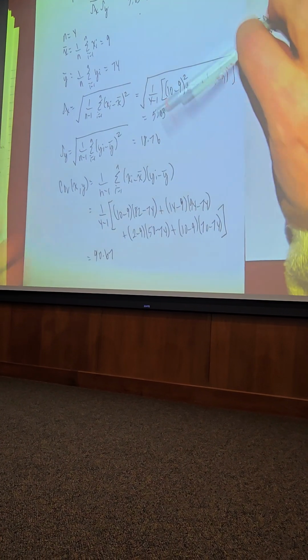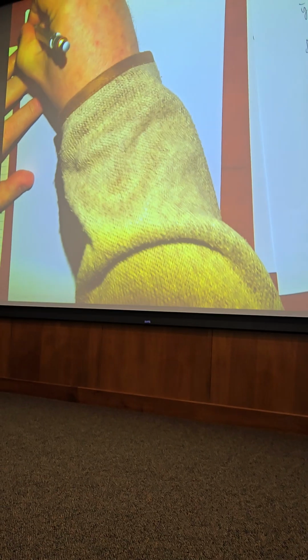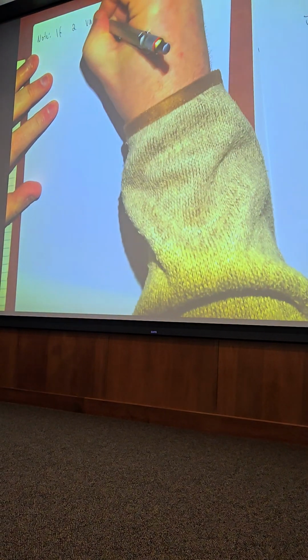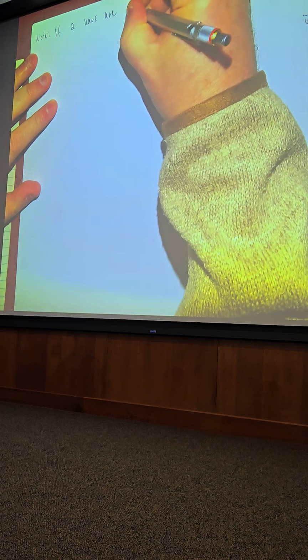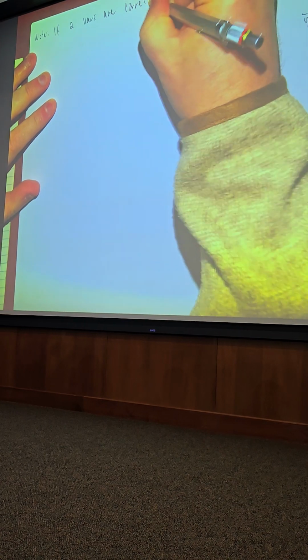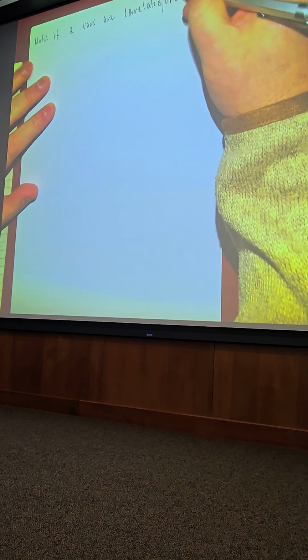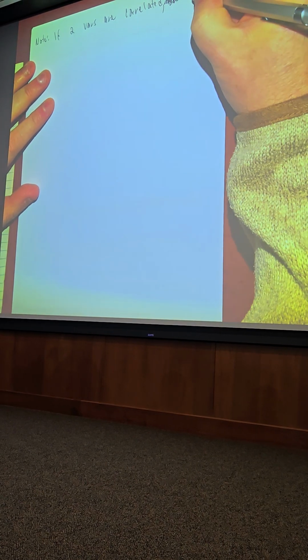So let's note the following. If two variables are correlated, one does not necessarily cause the other.